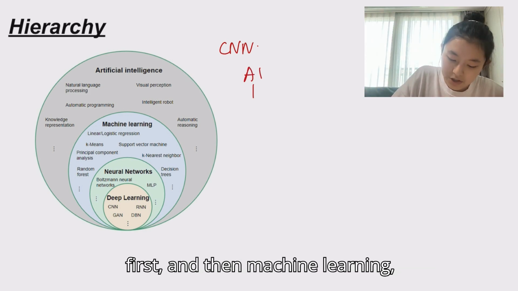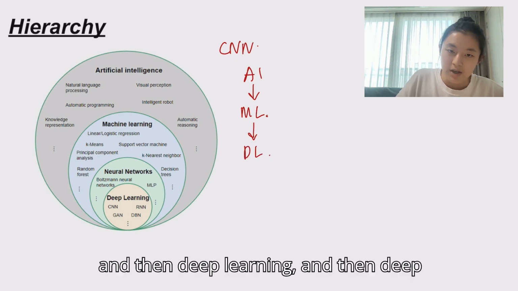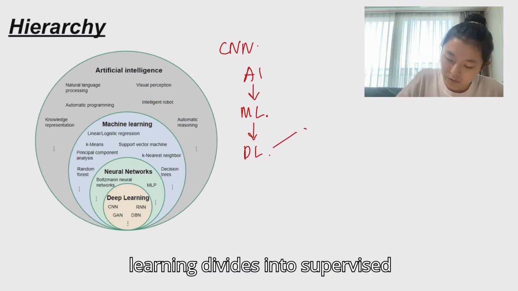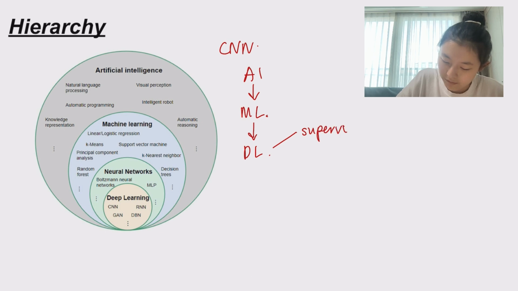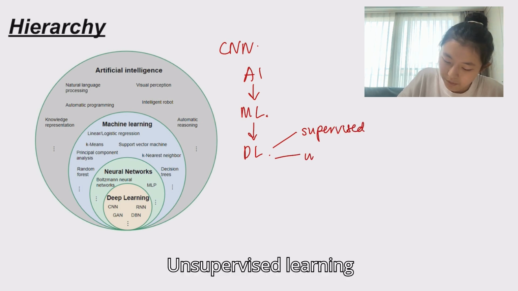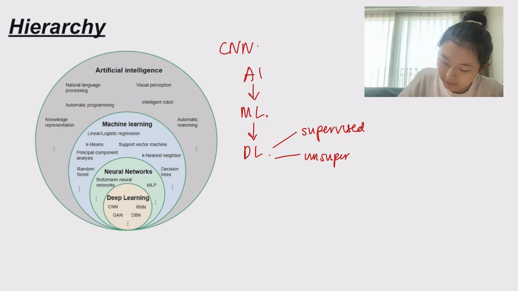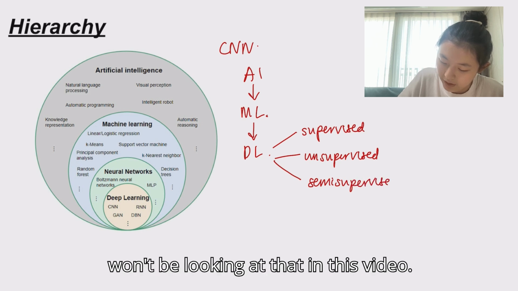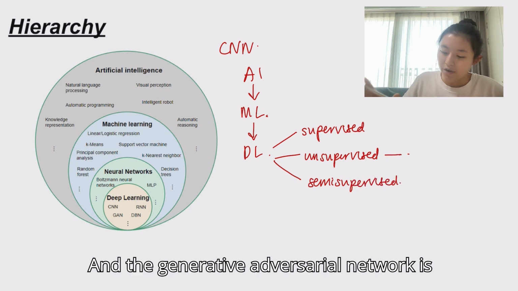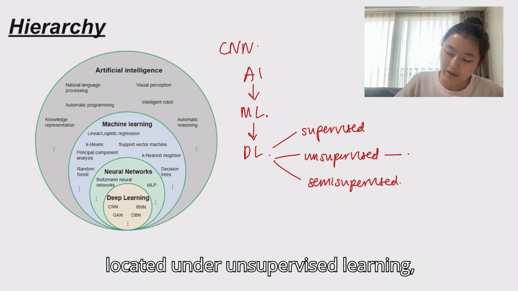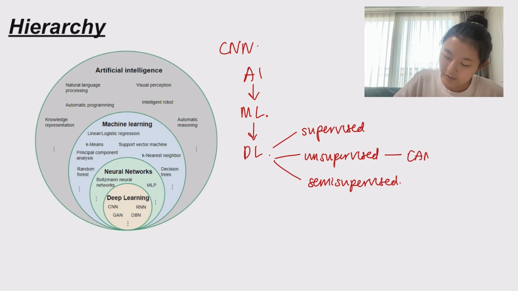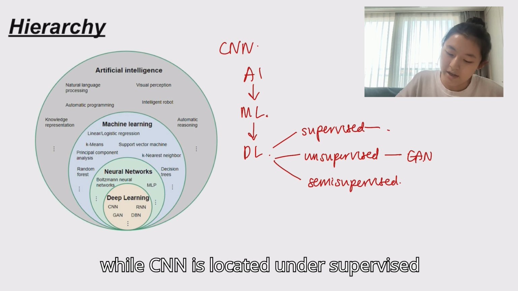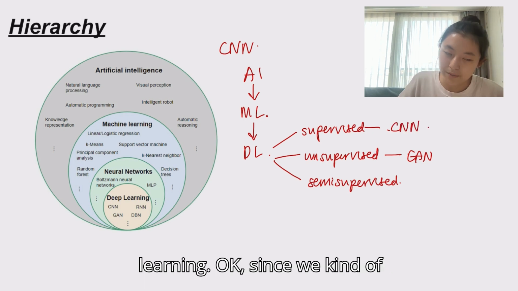It's AI first, and then machine learning, and then deep learning, and then deep learning divides into supervised learning, unsupervised learning, and semi-supervised learning. But we won't be looking at that in this video. And the generative adversarial network is located under unsupervised learning, while CNN is located under supervised learning.